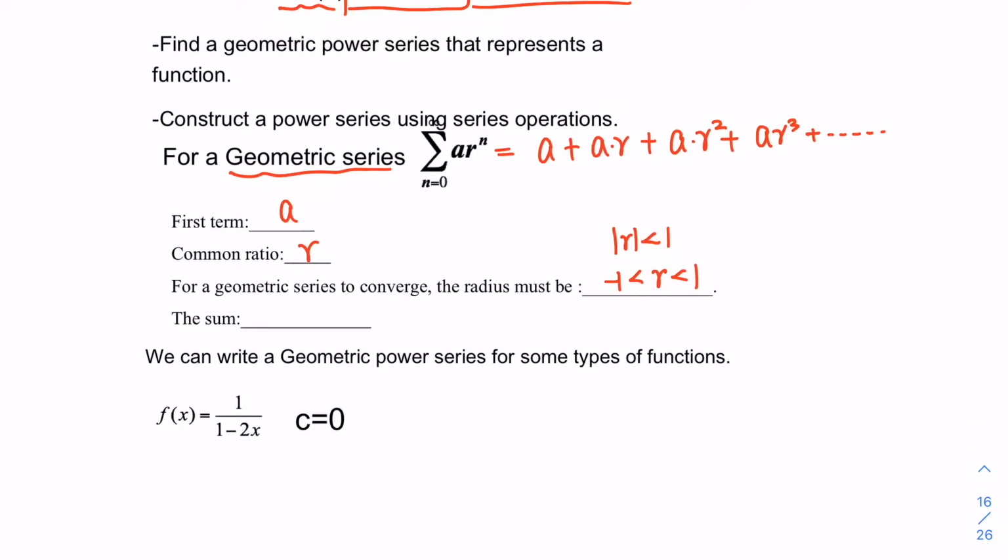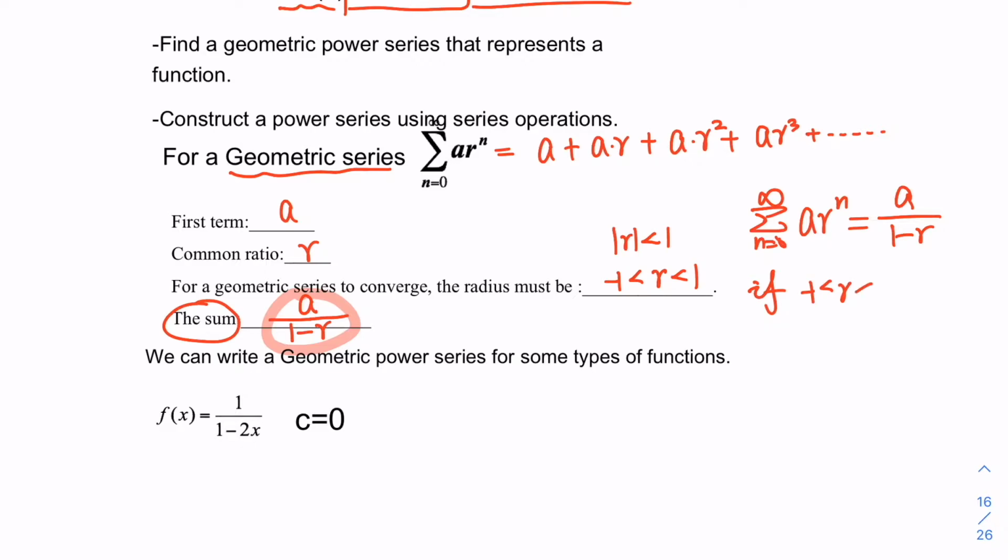If r is between -1 and 1, the formula for the sum is a, the first term, over 1 minus r. So the sum from n equals 0 to infinity of a r to the n is a over 1 minus r if r is between -1 and 1.